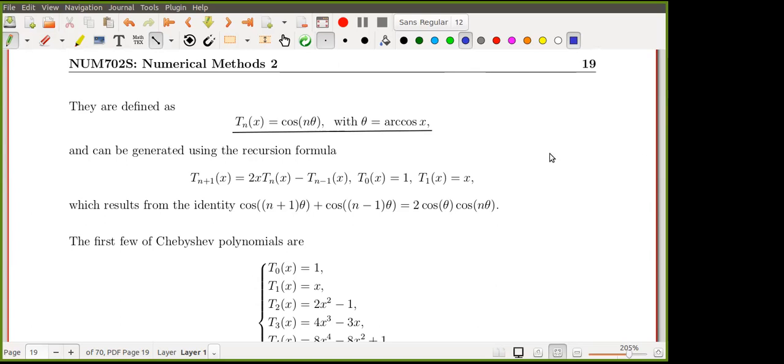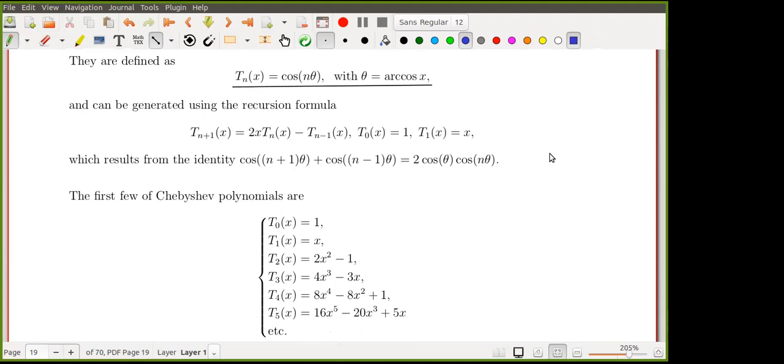All right, so now we have this recursion formula that can allow us to generate the various expressions of Chebyshev polynomial. So this expression can be obtained via this trigonometric identity.